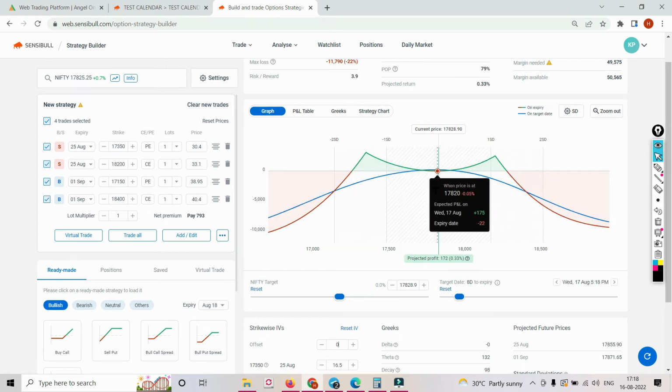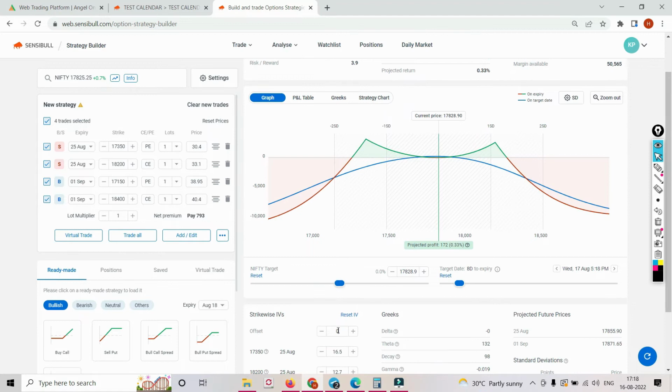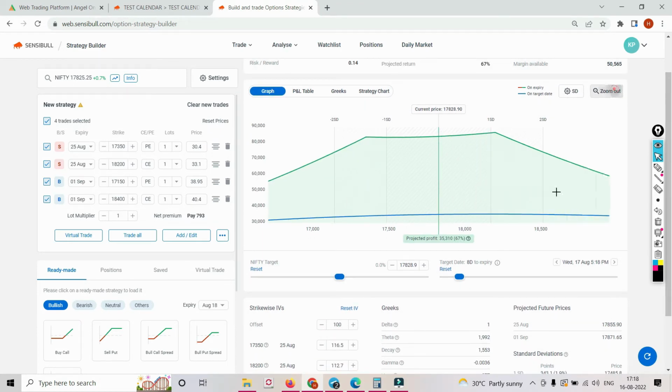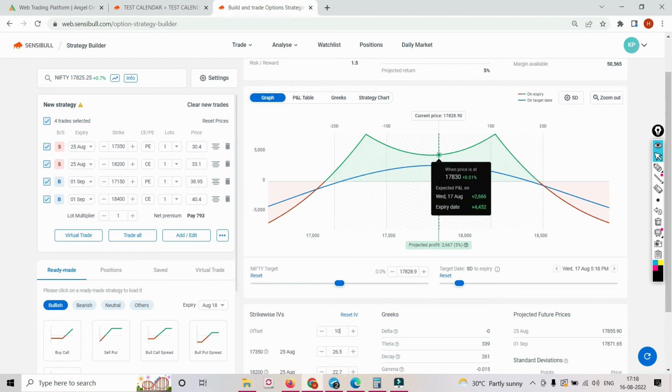This is very important to understand. So now your profit is almost cost to cost, minus 19. Keep the check on this 3.2 and 2.5. The moment you increase the VIX by 10, your profit has increased from cost to cost to 4,432.